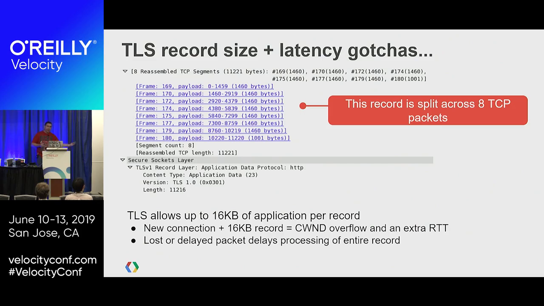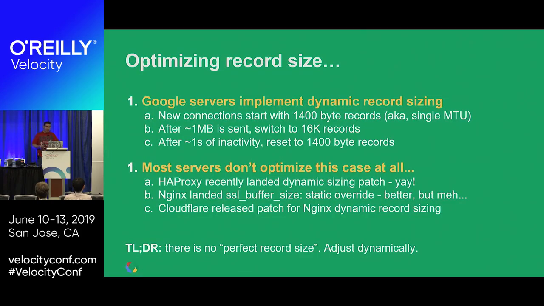I know newer versions of Nginx will do it. Older versions did not. Most CDNs will, but that's definitely a concern. TLSfastjet.com has a table showing what the deployment status looks like for TLS record sizes. Yeah, so this is a little out of date, although most servers still don't optimize for that case.